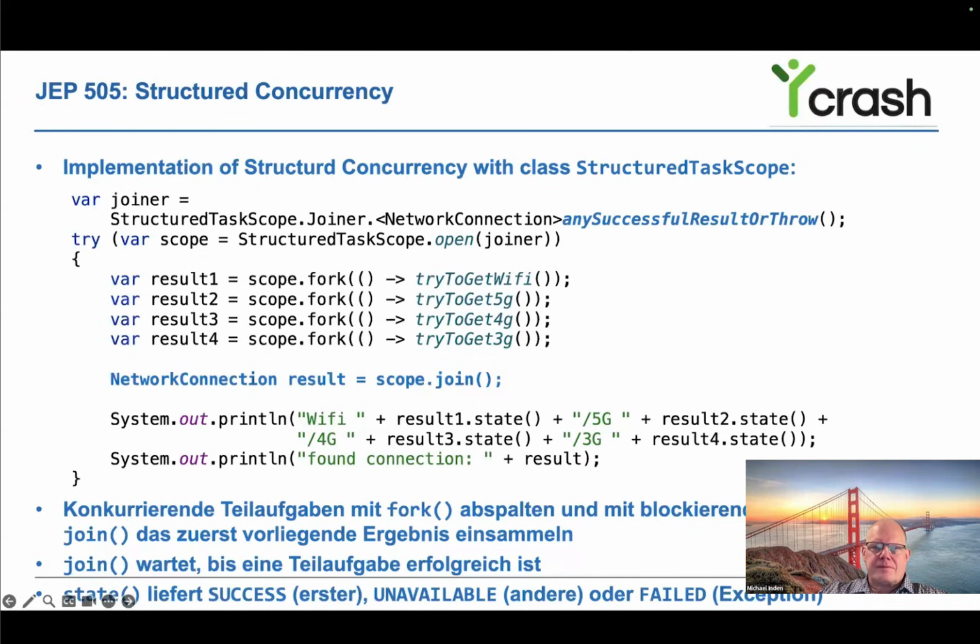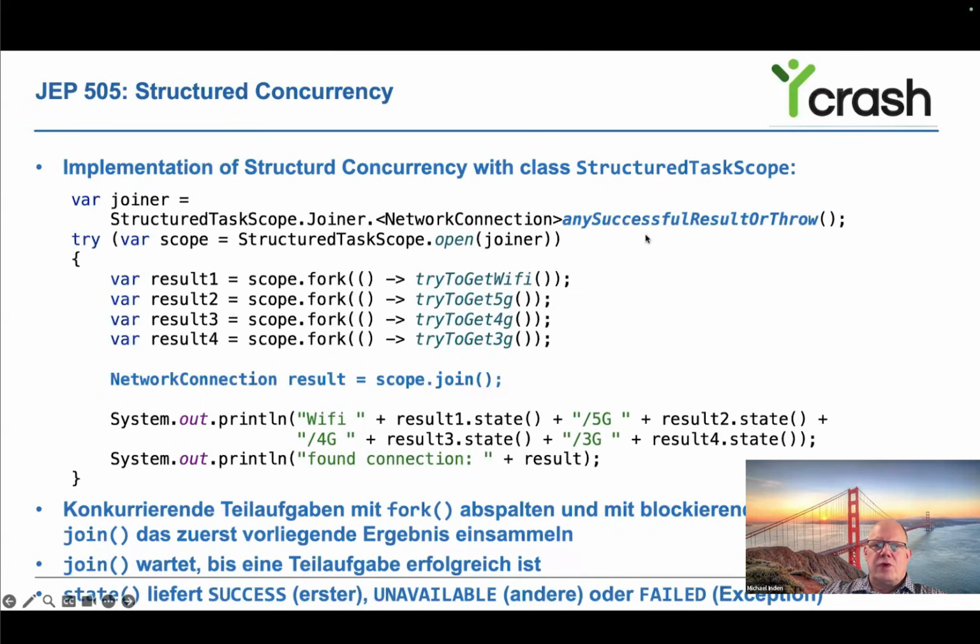And this is really easy to implement because we are just using another joiner. And again, at the end, we know that all these threads performing the single retrievals are done.